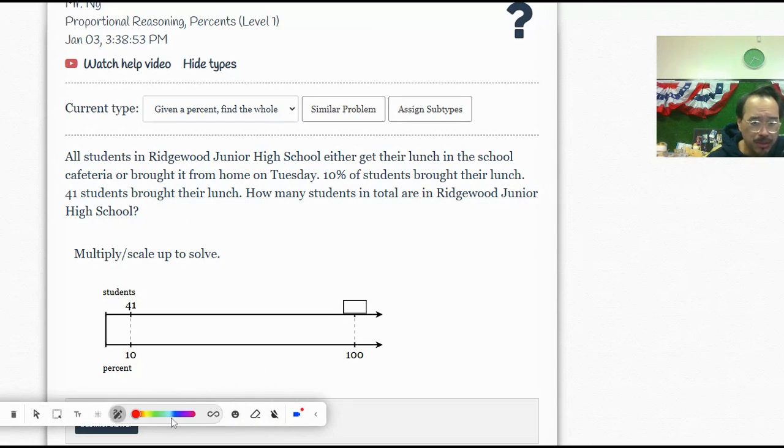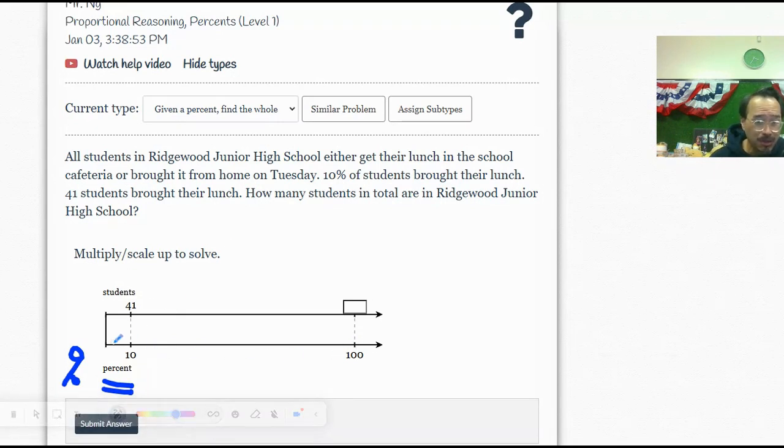Let me get the pen. Okay, so here's the question. Look down here where it says percent. You see this? Here we have 10% and 100%, meaning in this bottom number line, which represents percents, everything is divided up into 10% segments.